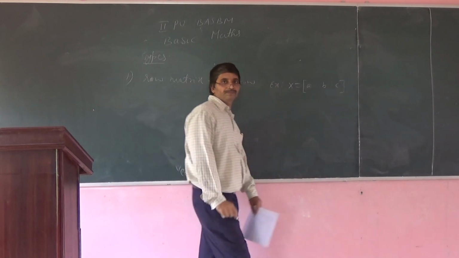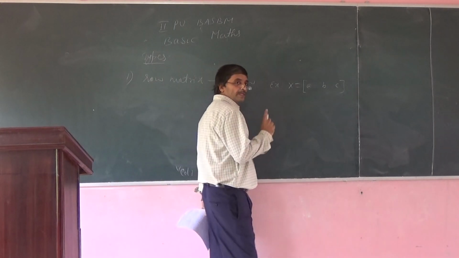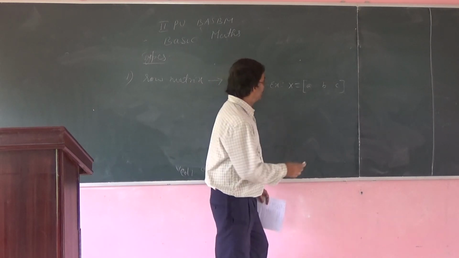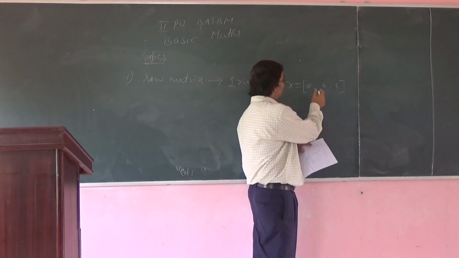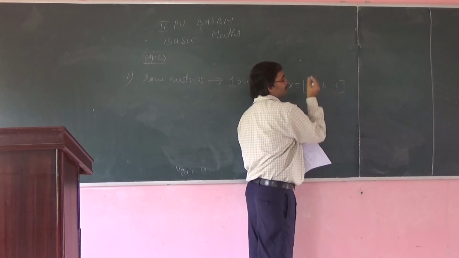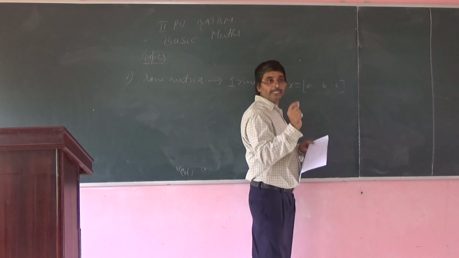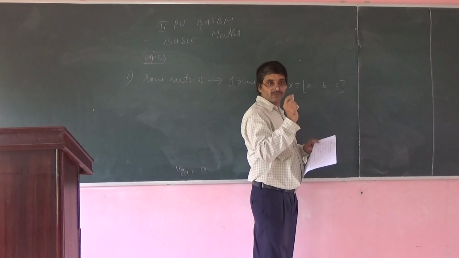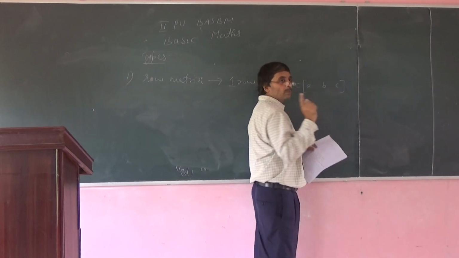Observe here, always matrices are represented using capital letters, and the numbers or the values or whatever variable you are writing, the elements, we call them elements, should be written using small letters if at all you are using letters.